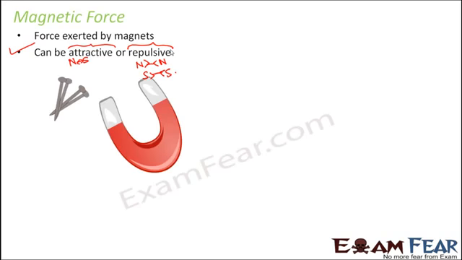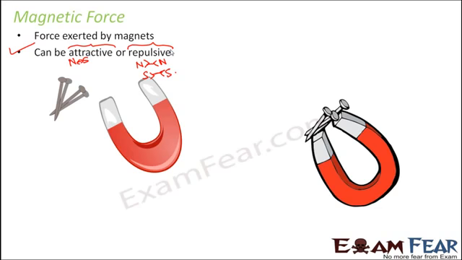Let us think of some examples where you see these kinds of magnetic forces. Suppose you have a magnet and bring some nails near it. The nails get attracted by the magnet, correct? The nails are one object, the magnet is another object.